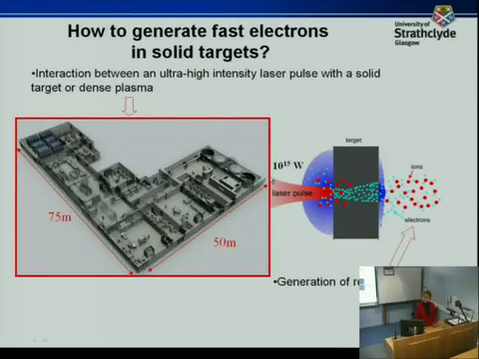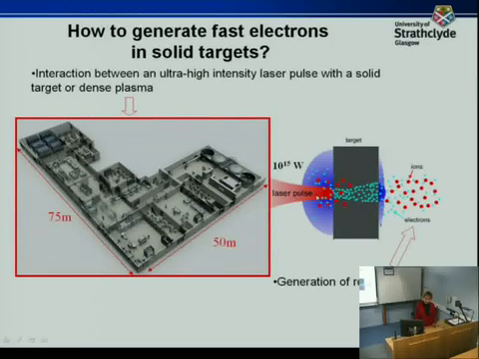My work is to probe an electron beam when traveling through a solid target. First, we generate free electrons by the interaction between a high intensity laser pulse, typically a 1 petawatt laser pulse, with a solid target.